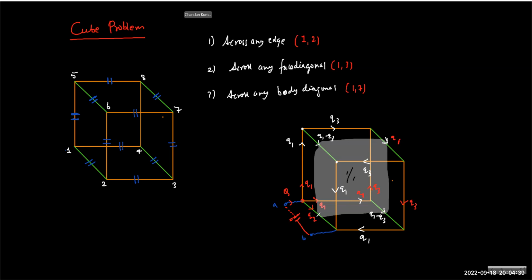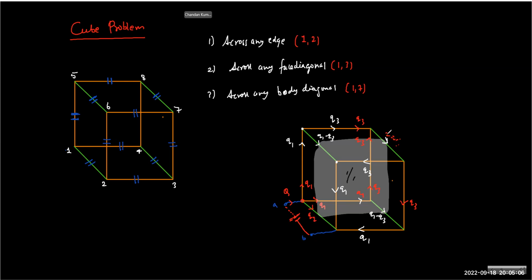Sorry, this is my bad. Q3 coming, Q1 minus Q3 coming. Sorry, this is 2Q3. Q3 coming here and Q3 coming from here. So this is twice of Q3.